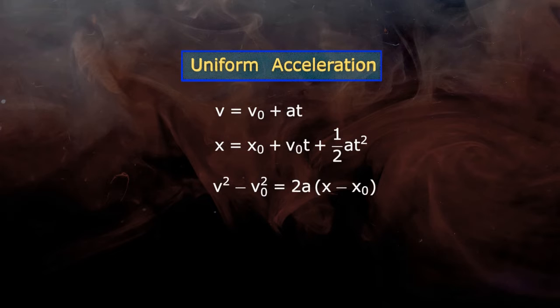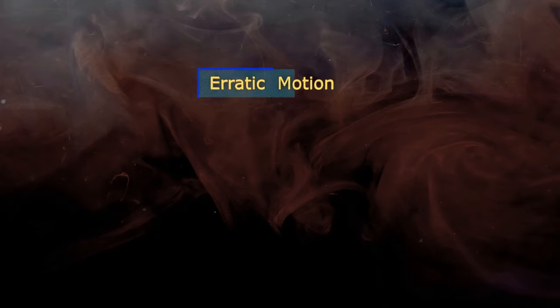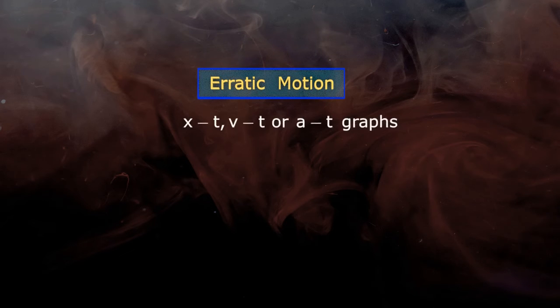These equations will be used if only acceleration or deceleration is the point of concern. Also, there can be problems of erratic motion where the motion parameters are not continuous. In a single problem, acceleration, deceleration, constant speed, etc. are included. For this type of problem, x-t, v-t or a-t graphs will be plotted and solutions will be derived from graphical methods.